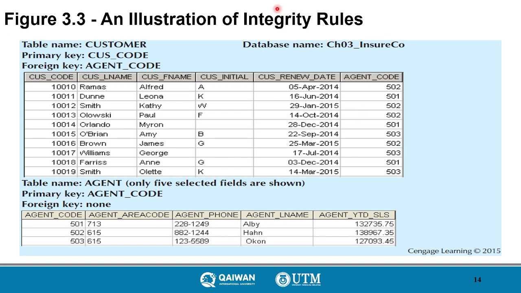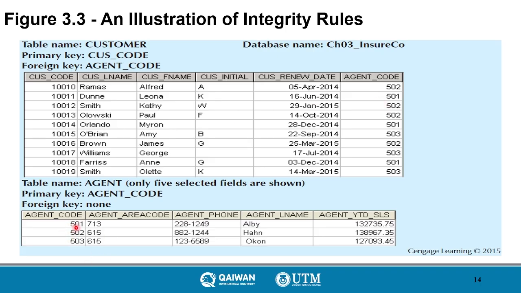Now, an illustration of integrity rules. Customer has the primary key of cus code and the foreign key agent code. Now we have an agent table, only the 5 selected fields are shown, no problem with that. The agent code would be the primary key of this table, and we have no foreign key. We need this agent code in the customer table, so we will take this and we will put it here.